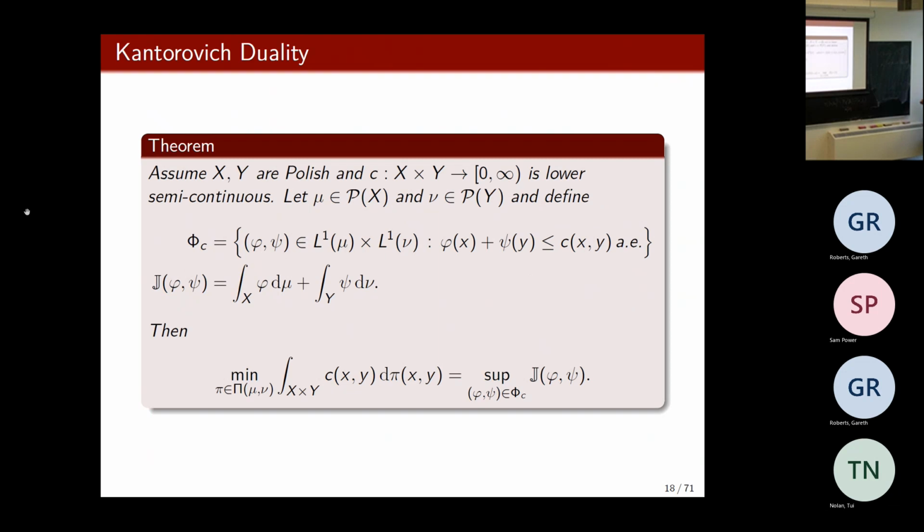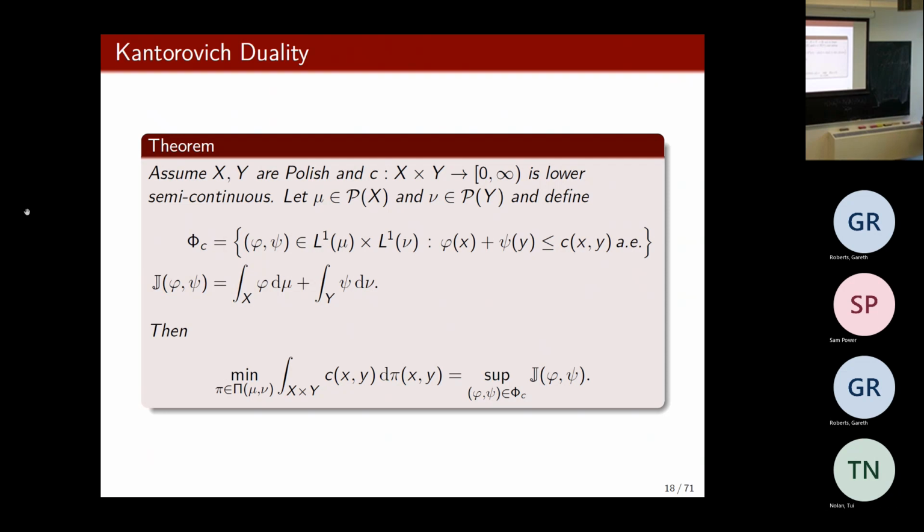Yeah, okay, so we have duality, which we wrote in this form here. And so where the C transforms... So phi C. Here the capital Phi is a set.